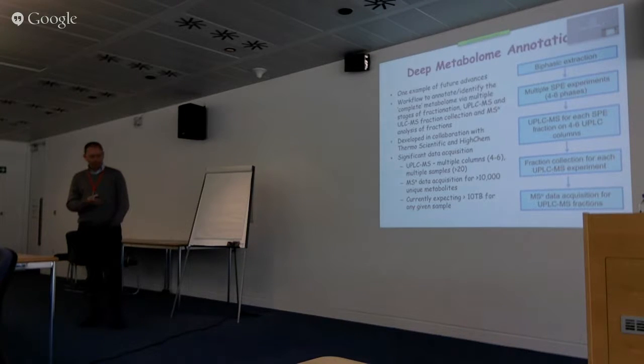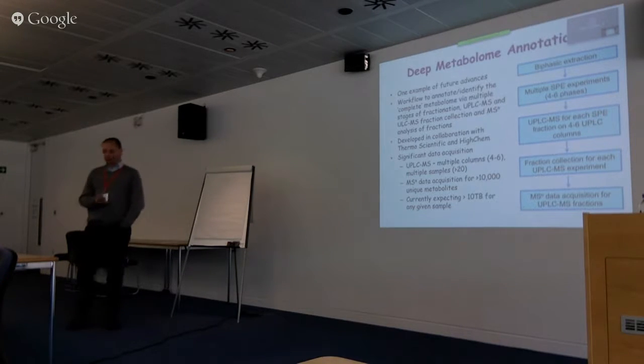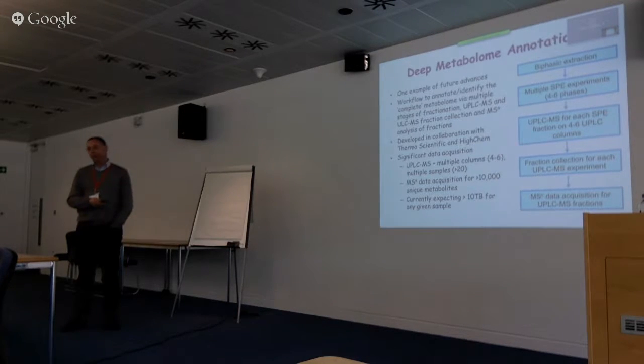We're currently expecting up to about 10 terabytes for any given sample, though we don't know yet because we've not got this far. So for us to go on and do multiple sample types is going to be quite important.